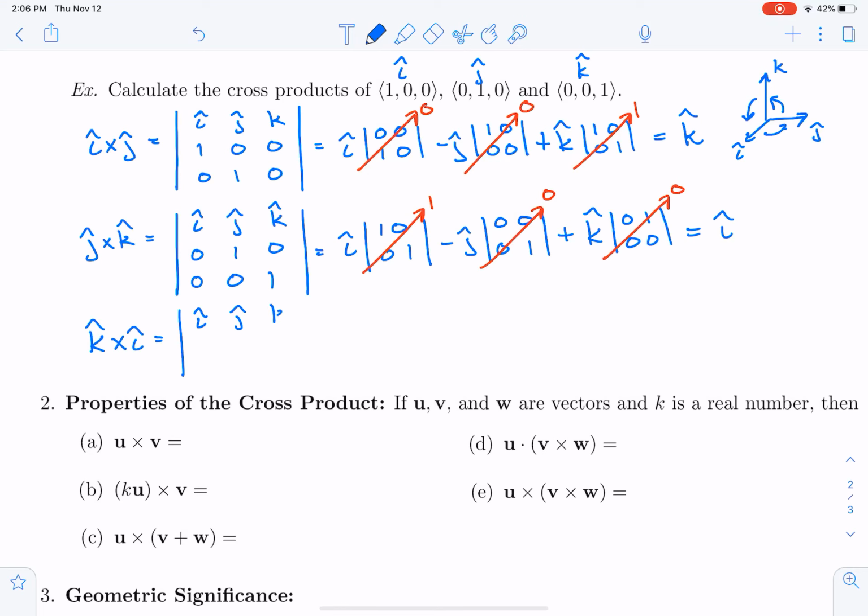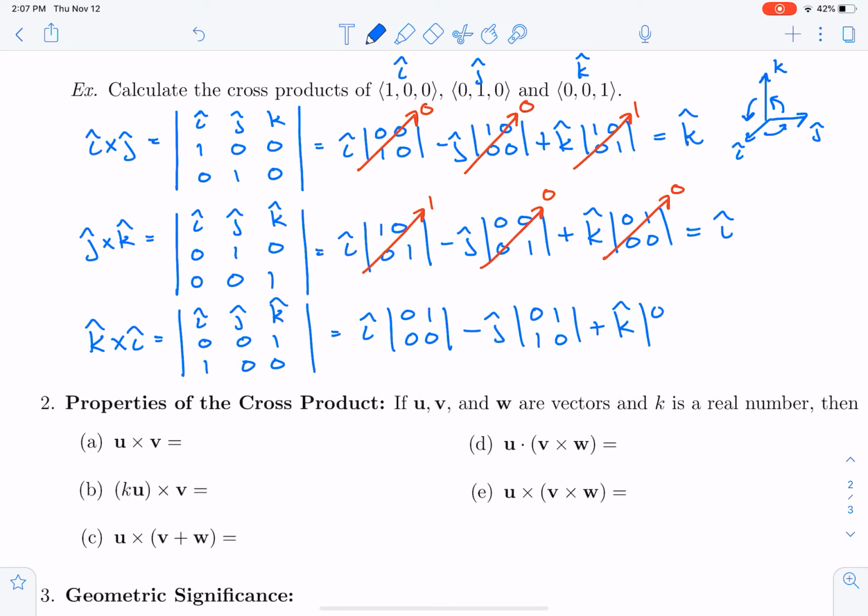i, j, and k. 0, 0, 1, 1, 0, 0. That's going to give me i times the matrix 0, 1, 0, 0 minus j times the matrix 0, 1, 1, 0, and then plus k times the matrix 0, 0, 1, 0.